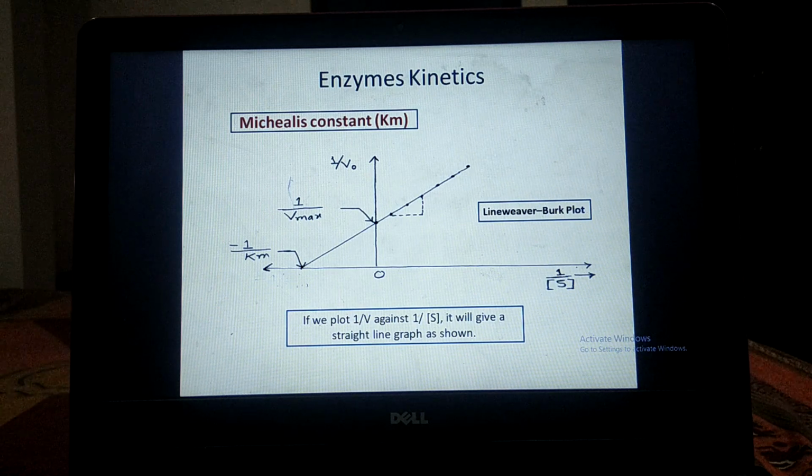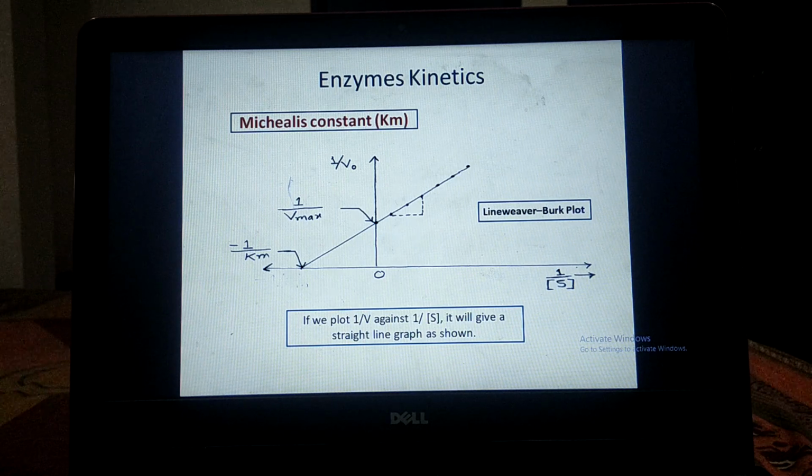The point at which the line cuts the y-axis indicates the reciprocal of maximum velocity, that is 1/Vmax, and the point where it cuts the negative side of the x-axis, on the left side of 0, indicates negative 1/Km, the negative of the reciprocal of Km.